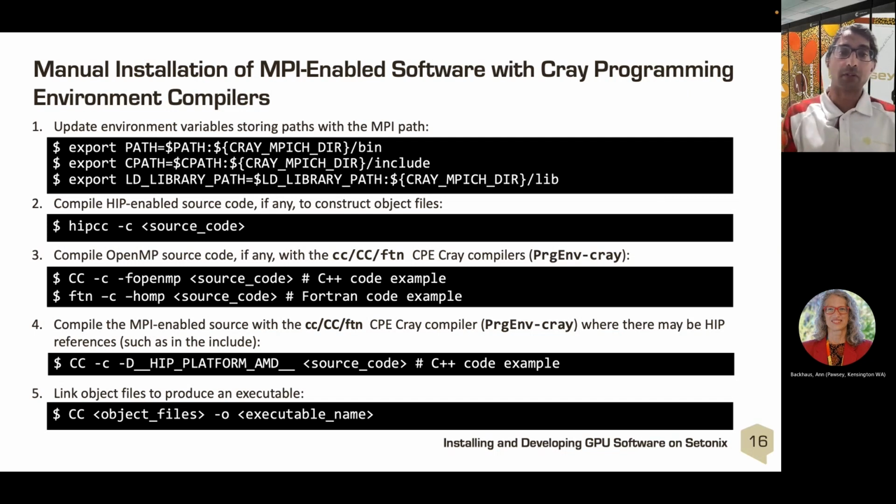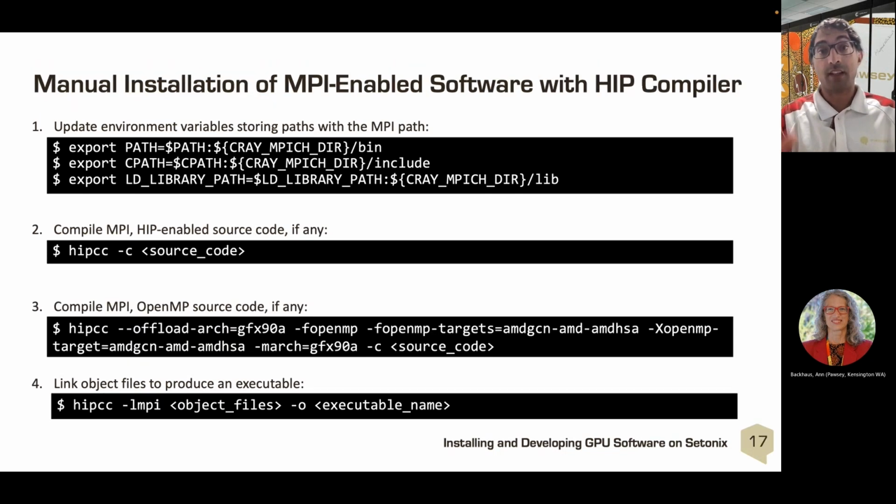And so it's a multi-step process. And if you have code that has a mix of everything, then it's a matter of deciding the optimal path. And you might have to use the hipcc compiler everywhere, because hipcc can do the explicit interpretation of any HIP code. And that is the next slide.